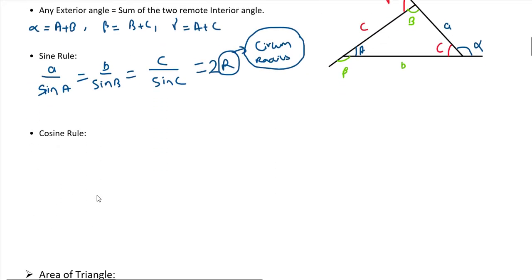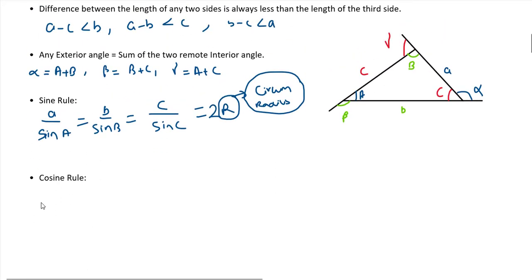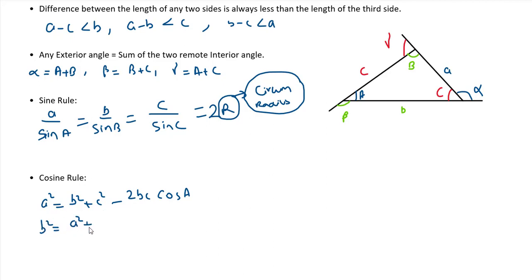Let us now move ahead and see what the cosine rule is. The formula for the cosine rule is a squared equals b squared plus c squared minus 2bc cos A. Similarly, b squared equals a squared plus c squared minus 2ac cos B, and c squared equals a squared plus b squared minus 2ab cos C. So what do the sine rule and cosine rule help us to do?